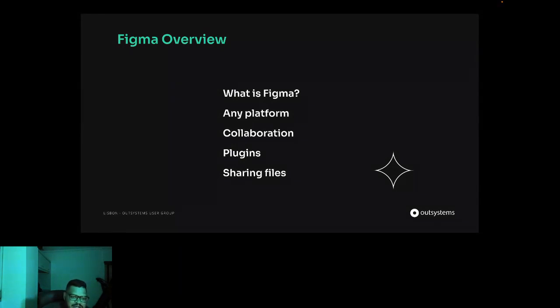Okay, so that was the main reason that Figma was released in the first place, because at this time, every tool focused on UI design for interfaces did not have the possibility for people in the same team to work together.